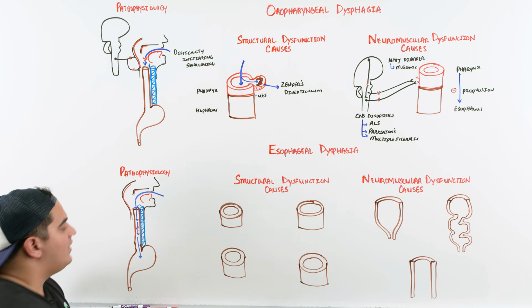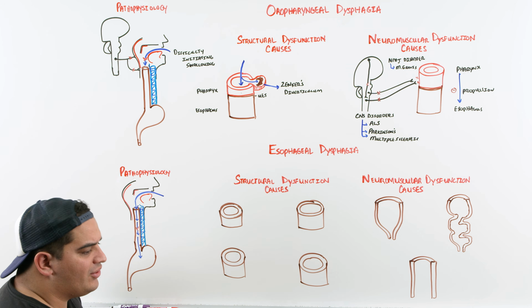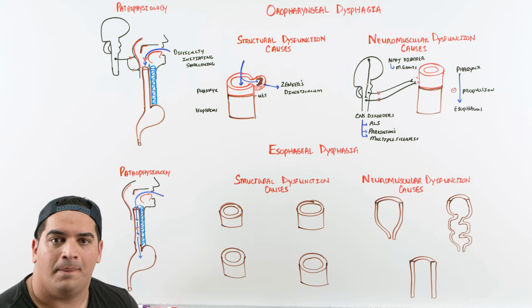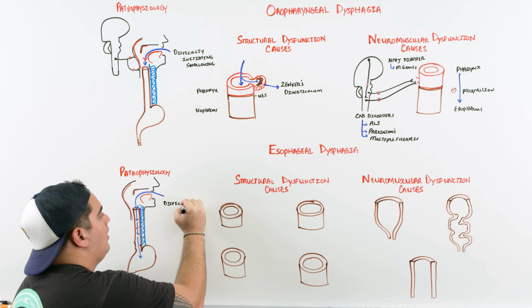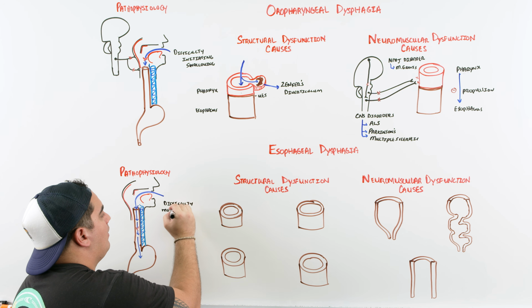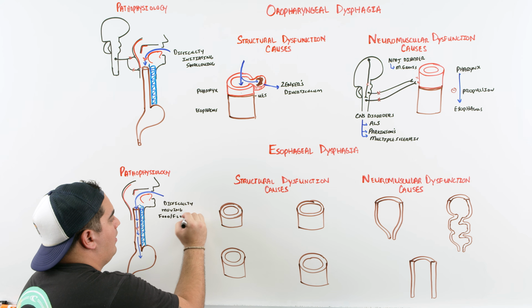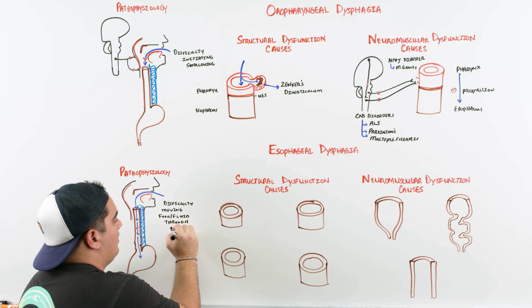So oftentimes with this one, it's kind of what patients usually describe as food is kind of getting stuck in their esophagus, but it's difficulty moving substance, we'll say put food or fluid through the esophagus.